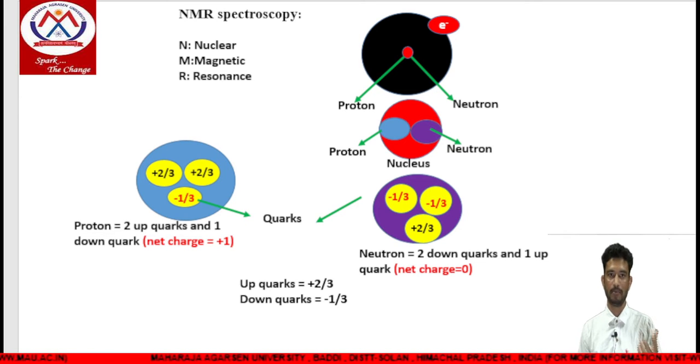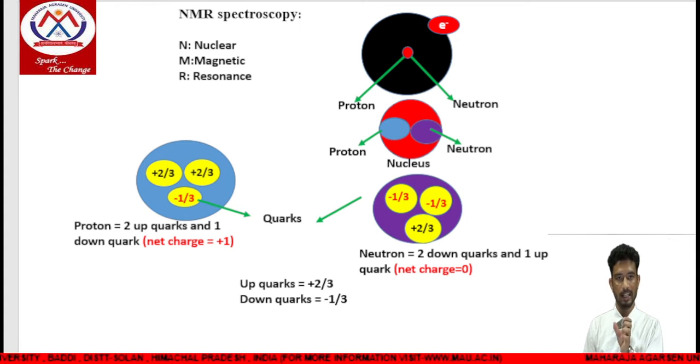So when we are talking about a magnetic field or magnetism, there is a dipole. If we have a magnetic moment, it has two poles, one north pole and one south pole.